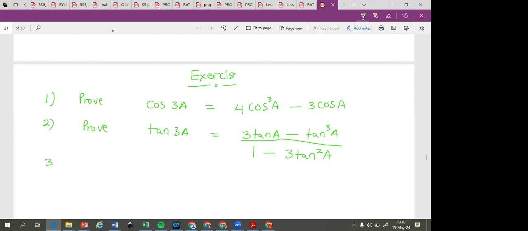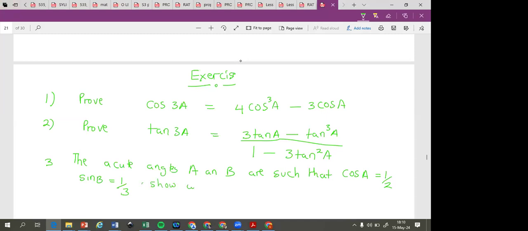This one is from UNEB. It says, the acute angles A and B are such that cos A is equal to a half, sine of B is equal to a third.